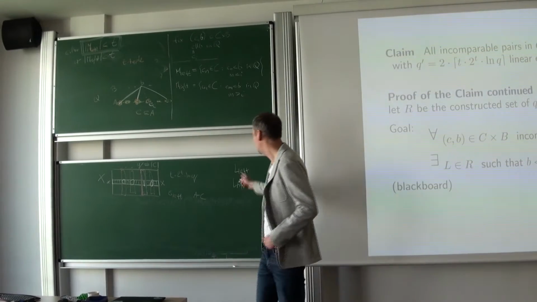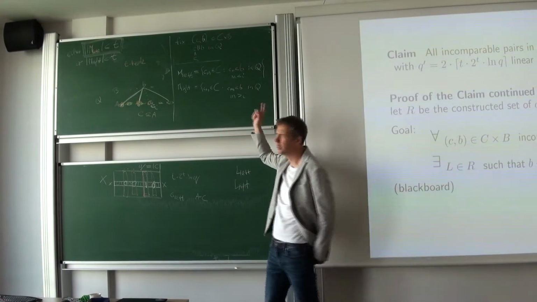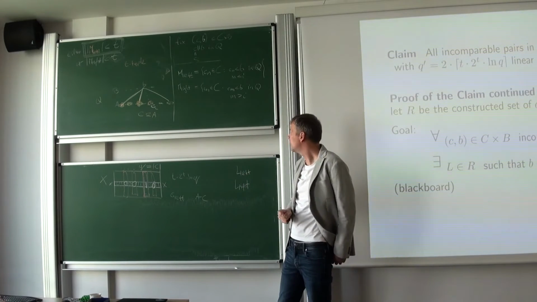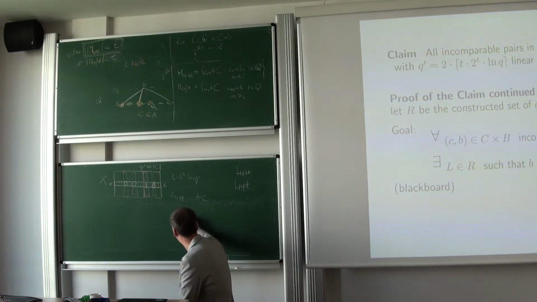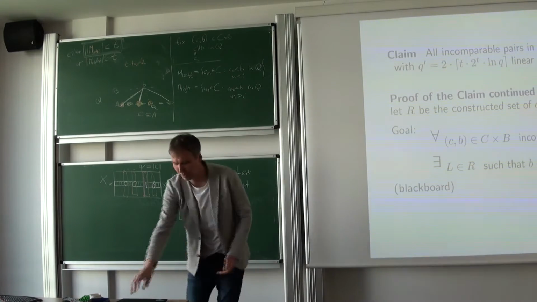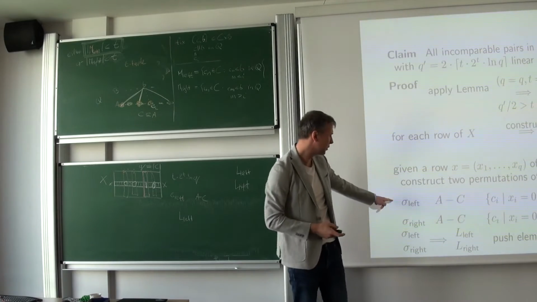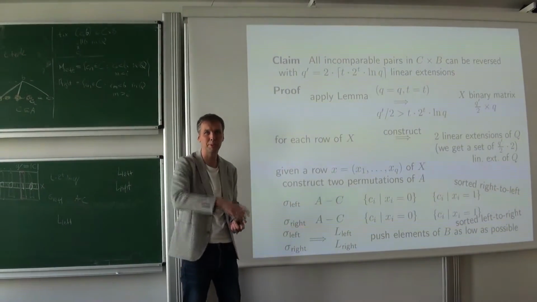Yes, so let's look at L left generated from this row. The claim is that B gets below C in that linear extension. Why is it so? Let's recall the definition of L left. Maybe I can use my slide. That was the definition of sigma left, so the elements of A, elements of B were pushed as low as possible.